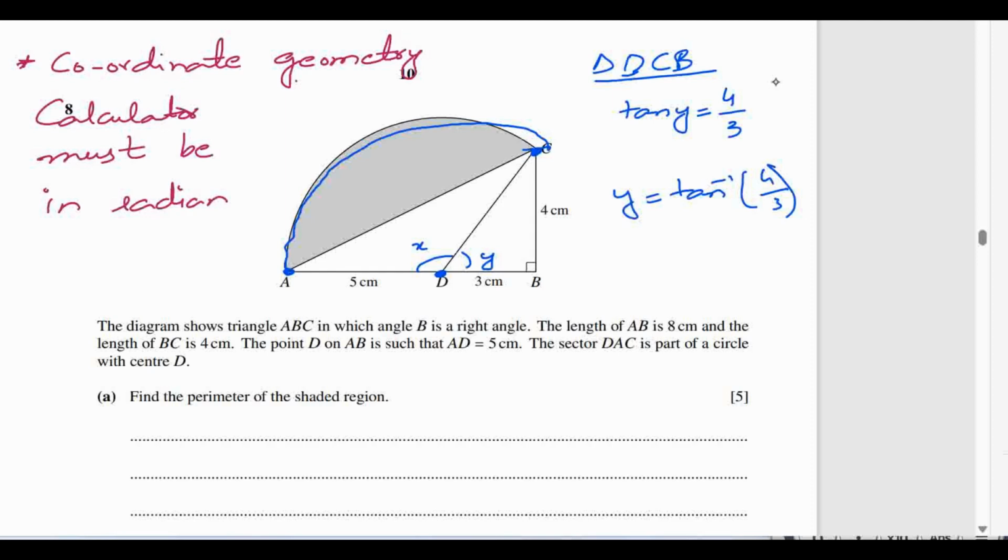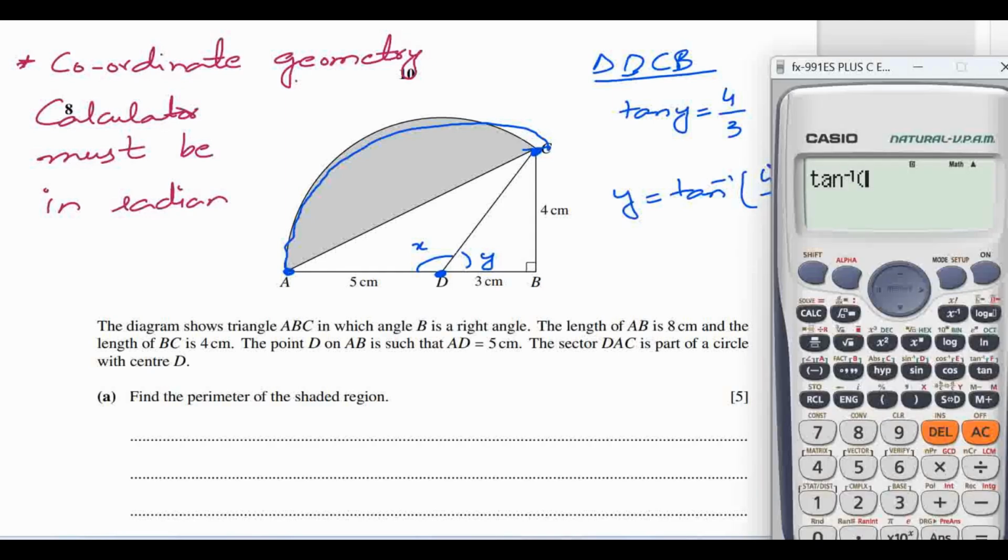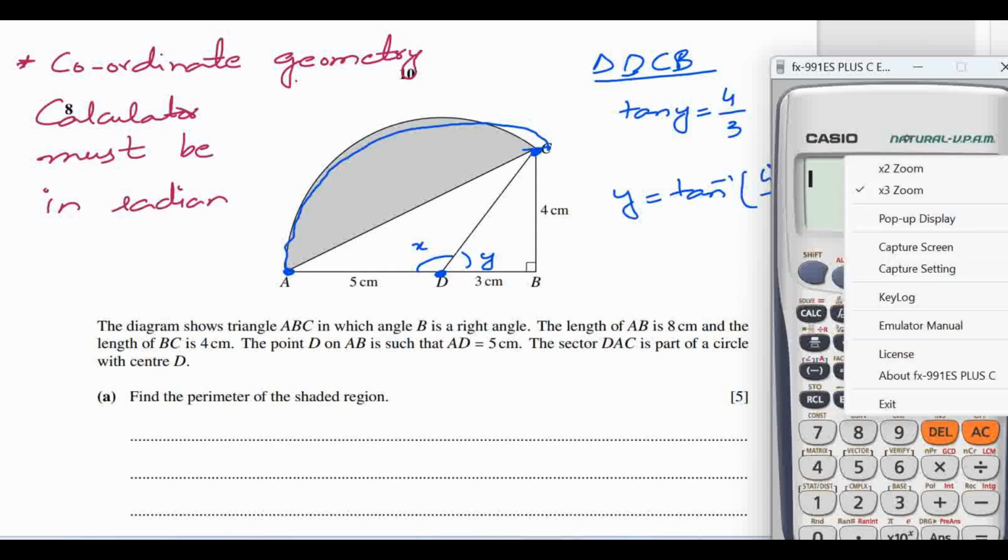Now this is a very important point. Now let's see, first of all we will convert it into radian. So how can we convert? Mode, now radian, where is the radian? 4. Now from here we can see that our calculator is now in radian mode.